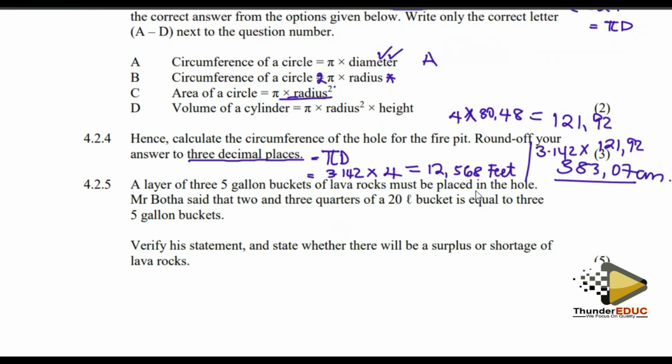A layer of 35-gallon buckets of lava rock must be placed in the hole. Mr. Botha said the 2 and 3/4 of 20-liter bucket is equal to 5 bucket. Verify his statement and state whether there will be surplus or shortage.